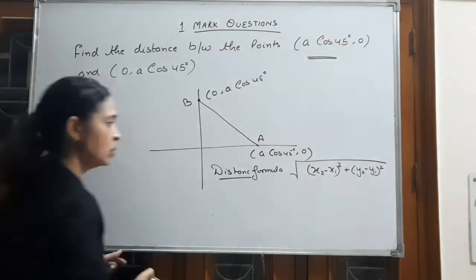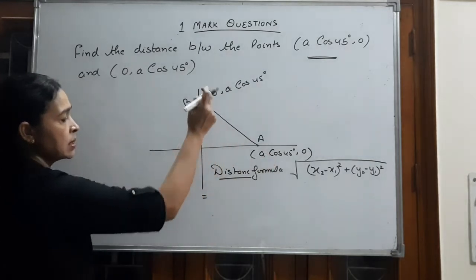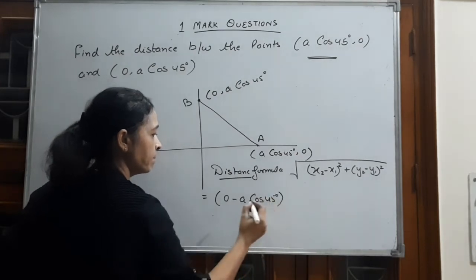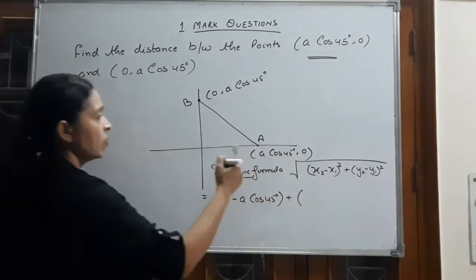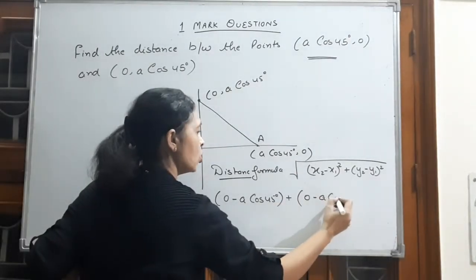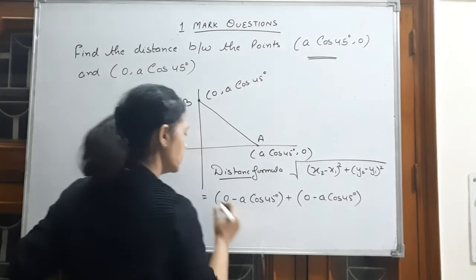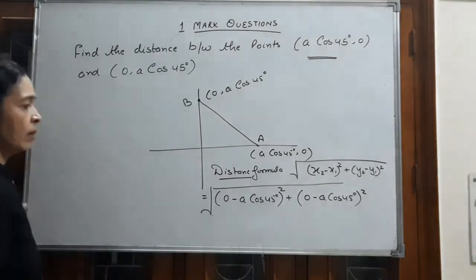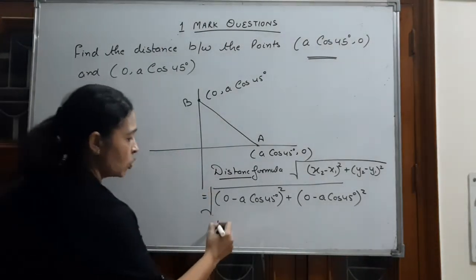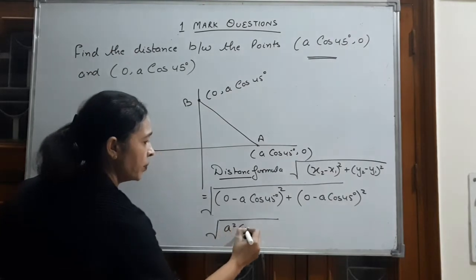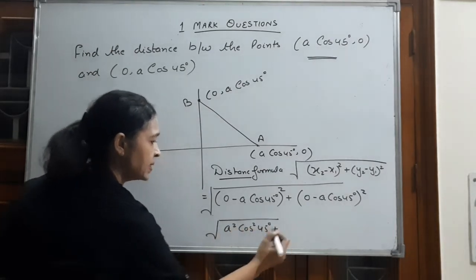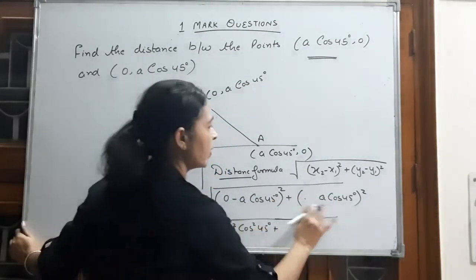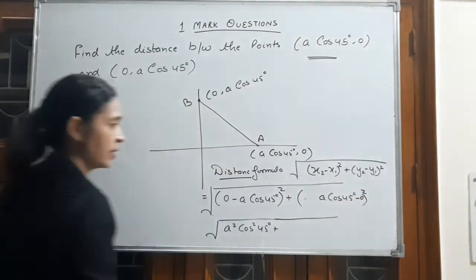Now x2 is 0 minus a cos 45 degrees, plus y2 is 0 minus a cos 45 degrees, whole square and whole under root. 0 minus a cos 45 degrees, what do we get? a square cos square 45 degrees, plus this is a cos 45 degrees minus 0, y2 minus y1, minus 0 whole square.